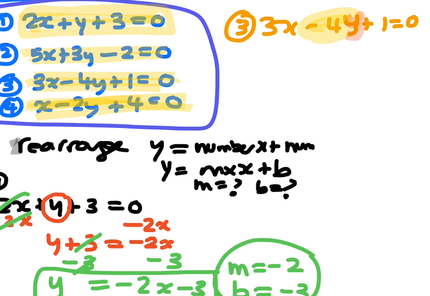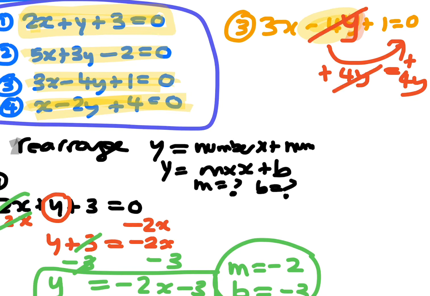But the problem here is that what's in front of the y is negative. It is better to get rid of it on that side by plussing 4y, and on this side plussing 4y. Do it to both sides because that 4y will cancel that 4y. And when you plus 4y to the other side, you get rid of your negative in front of the y.